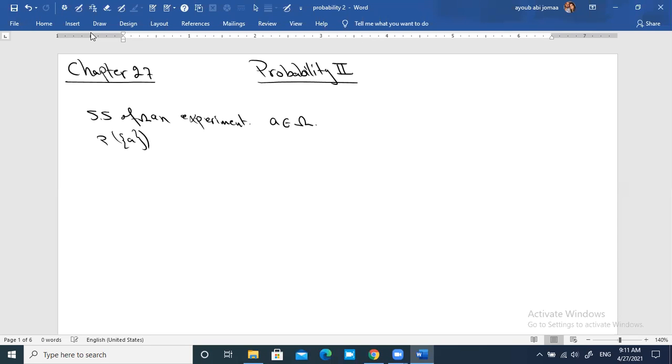We define the probability of A to be a number in the interval 0, 1. It means the probability of A is between 0 and 1. And this value represents the chance that A occurs.